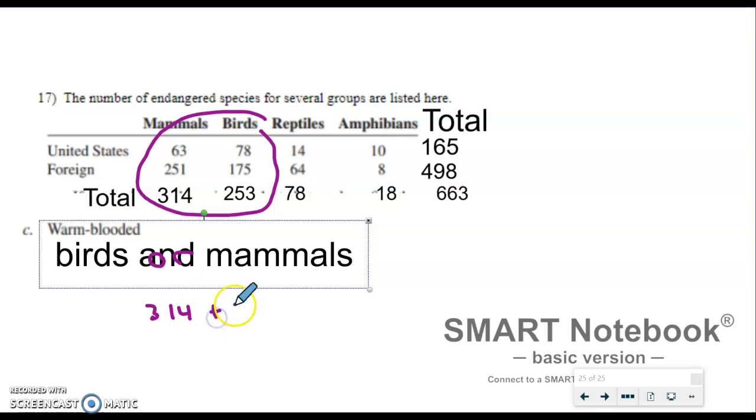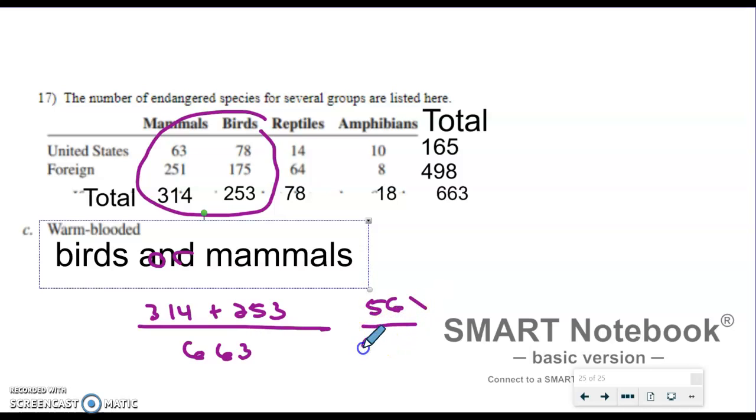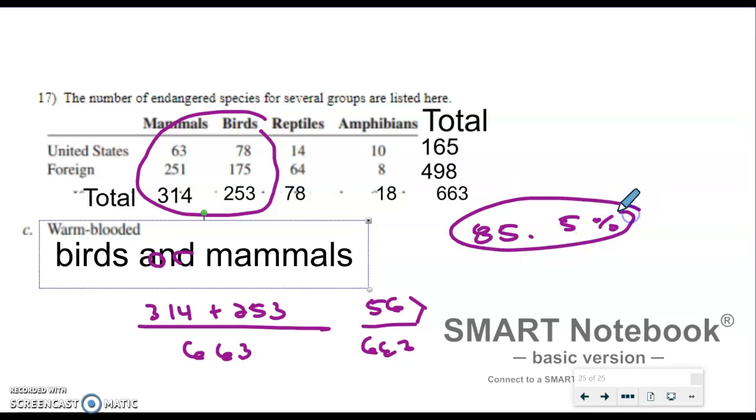So we're taking 314 plus 253 over 663. And that turns out to be 314 plus 253 is 567 over 663. That turns out to be 85.5%.